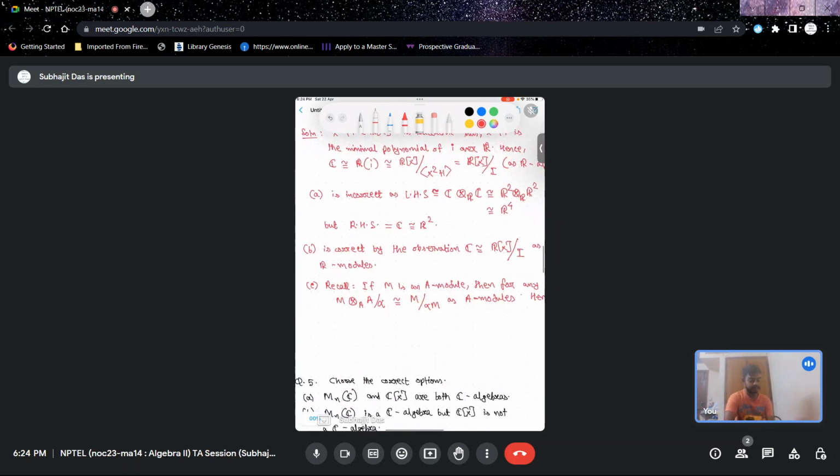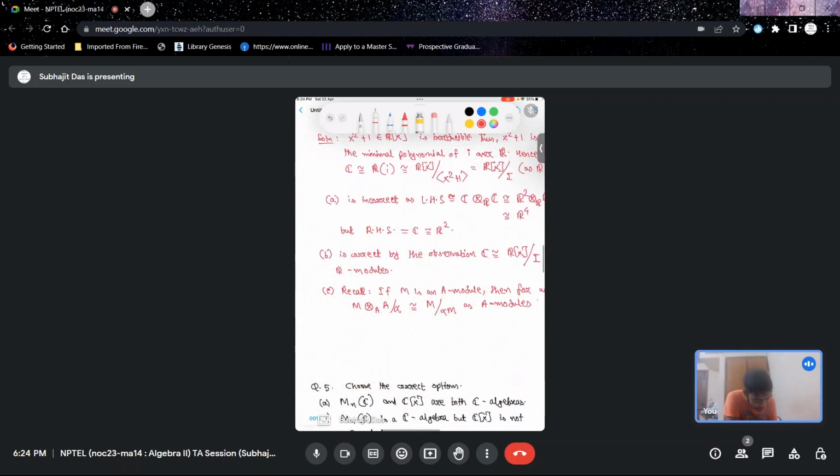Hence, using this result, C tensored over R with R[x] modulo I is isomorphic to C mod IC, right? It's isomorphic to C mod IC.